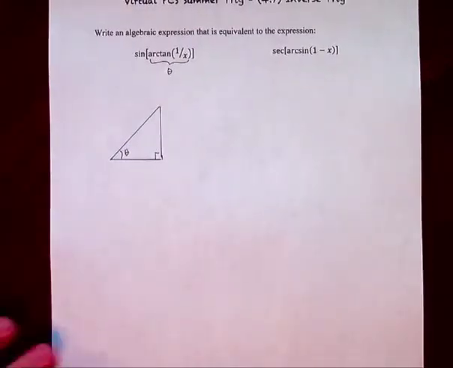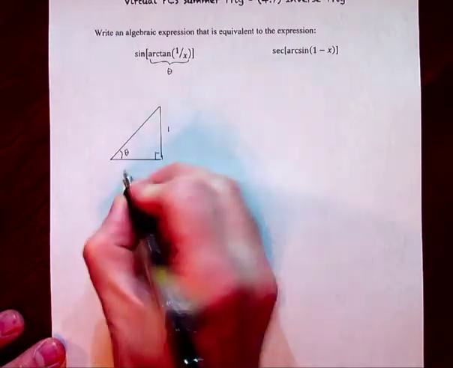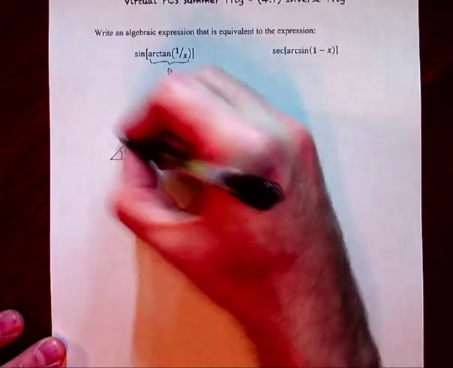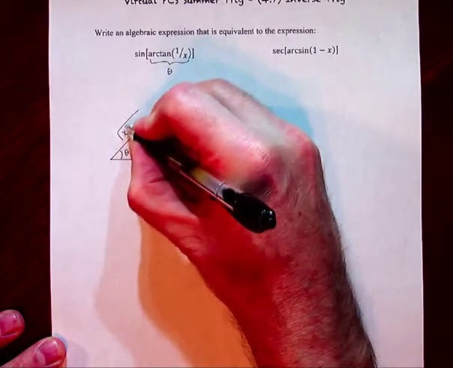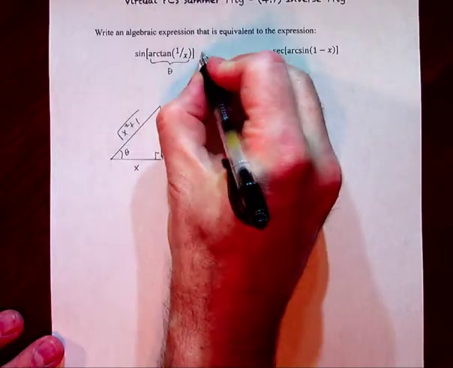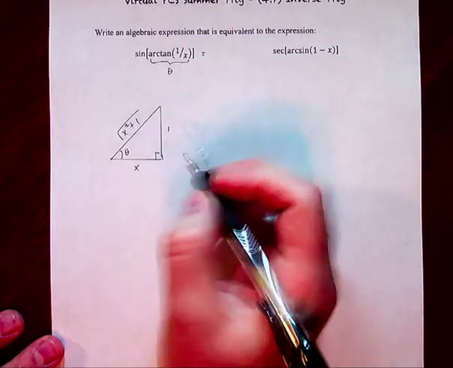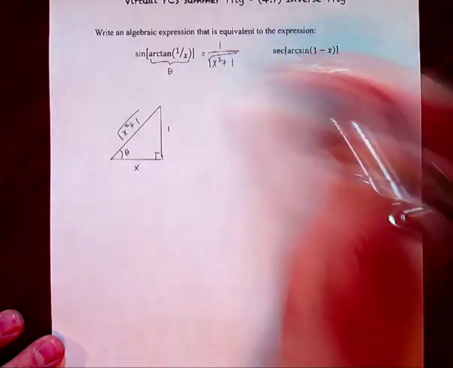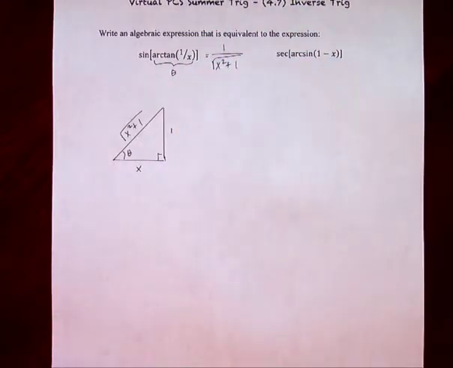Okay. So you have opposite over adjacent, x squared plus 1 squared. You take the square root of that, and you get the hypotenuse. And basically, if you want the sine of that angle, then it's just 1 over the square root of x squared plus 1. And you read it right off the triangle as if it were numbers, okay?